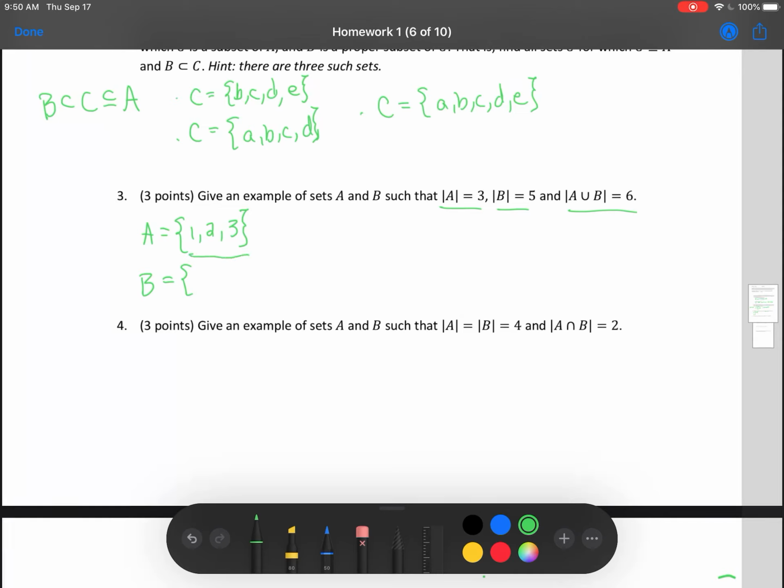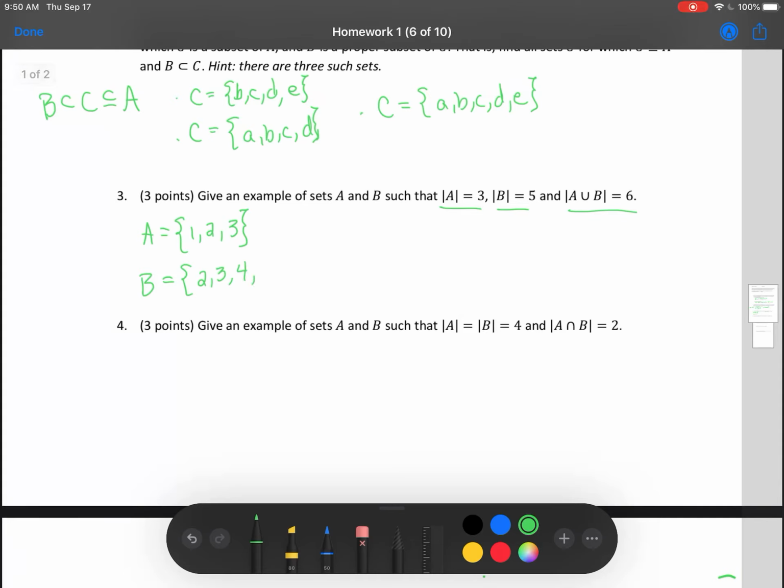We already know that these 3 elements, 1, 2, and 3, are going to be in the union of A and B. So basically we would need 3 new elements to add to that, so A and B are going to have some overlap.